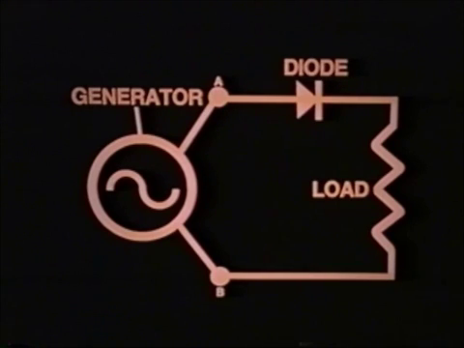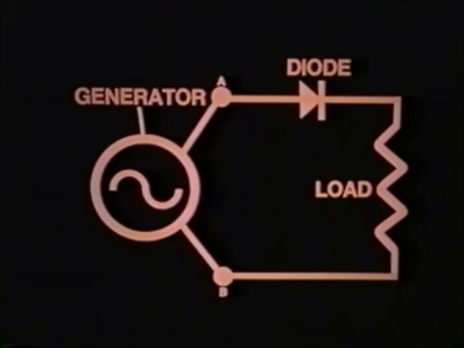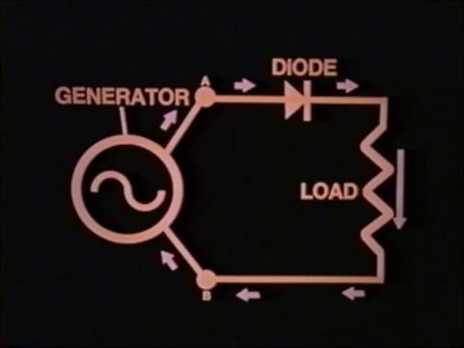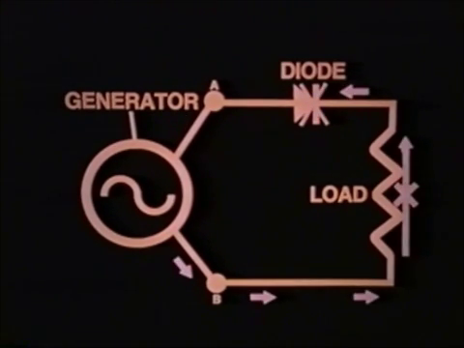This simple schematic illustrates half-wave rectification. Notice, we have a generator connected through a rectifier to a load. During the first half of the cycle, the current freely flows through the rectifier and the load. But as the second or reverse half of the cycle attempts to enter the rectifier, it is blocked.